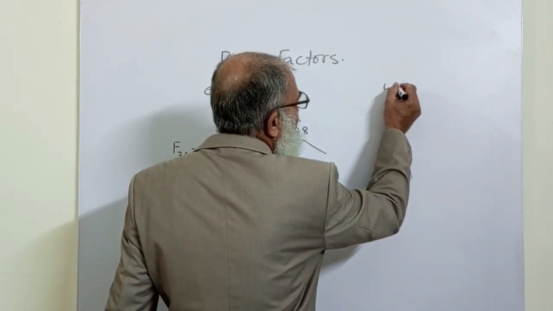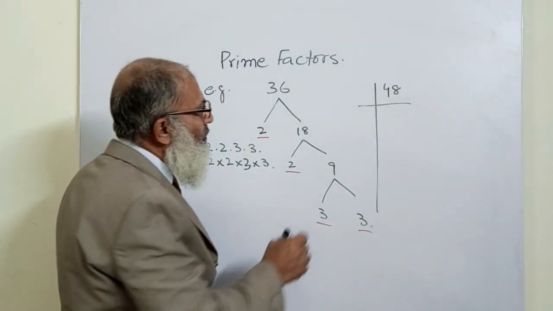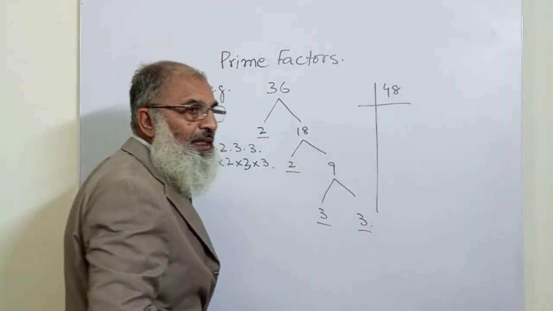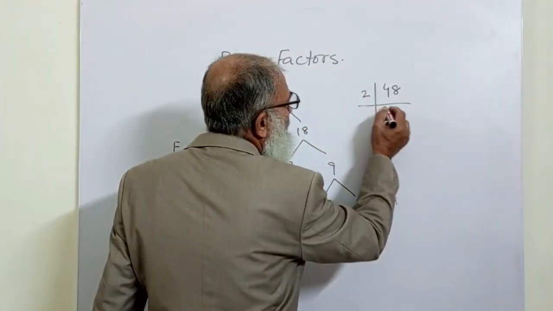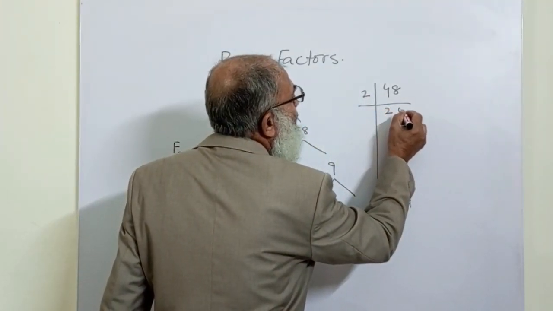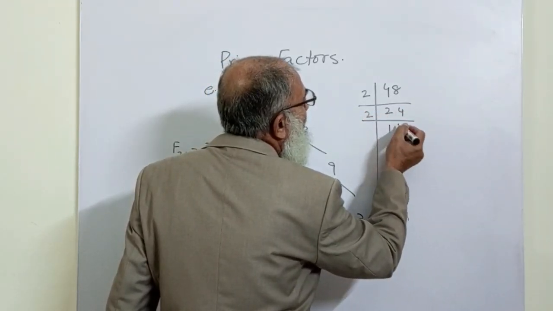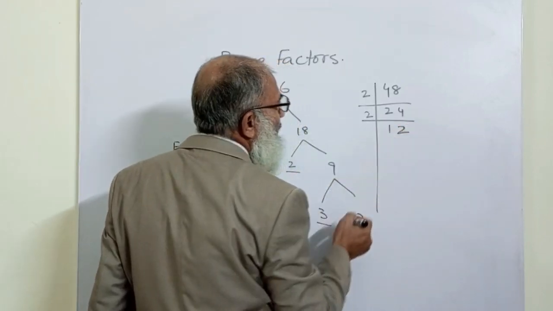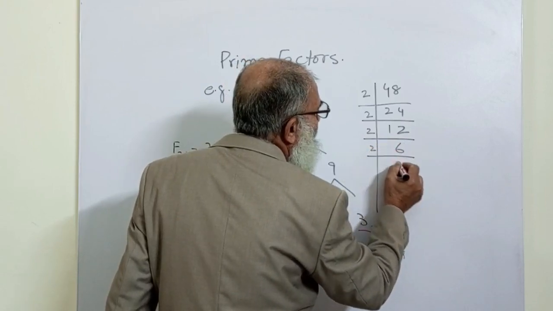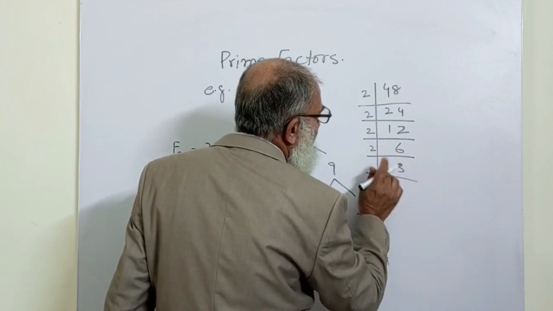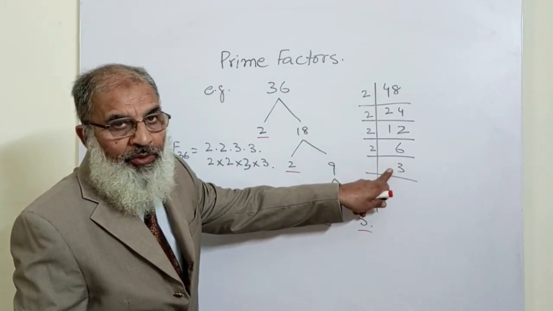48, and that is a division method. Now what we do, you see that this again is divisible by 3, but we start it with 2. 2 times 24, 2 times 12, 2 times 6, 2 times 3, and when you reach the prime number, you just stop it.